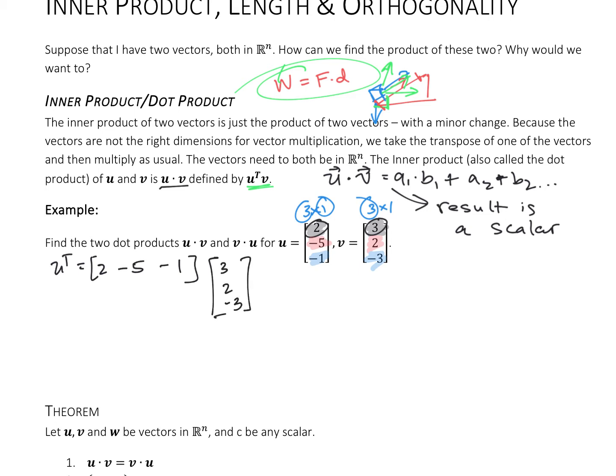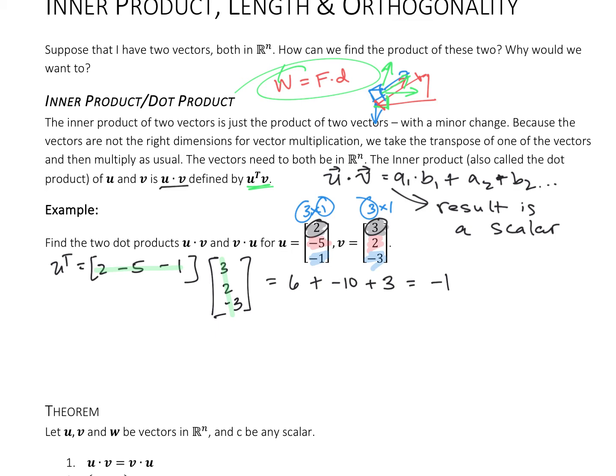Our matrix multiplication says first row, first column, but it just comes out to be multiply the top two, the middle two, the bottom two. So we get 2 times 3 is 6, -5 times 2 is -10, -1 times -3 is +3. Add those together and we get -1.